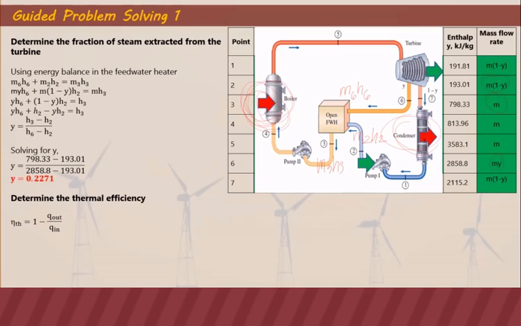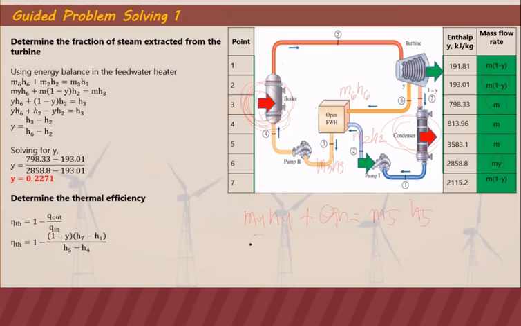So heat rejected in the condenser is our Q out, and heat input in the boiler is our Q in. That's why we will use the enthalpies at that point multiplied by the mass flow rate. So we can write 1 minus Q out. Our Q out here is our mass flow rate M4. If we have our energy balance at the boiler, that is M4H4 plus our Q in is equal to M5H5.